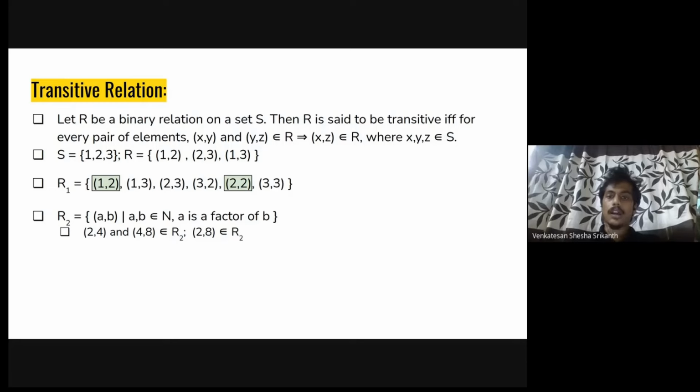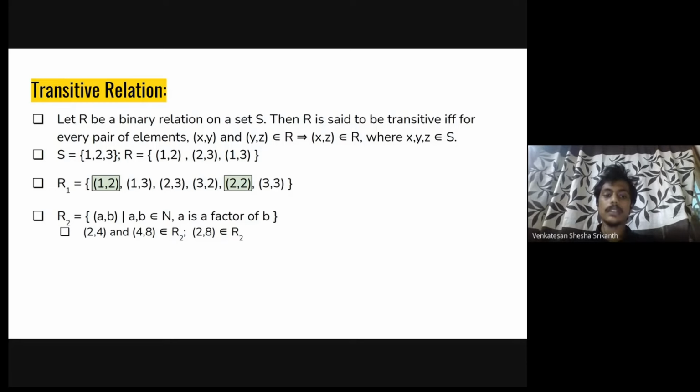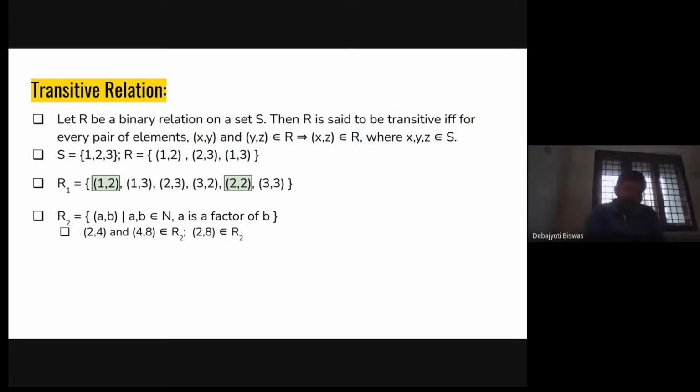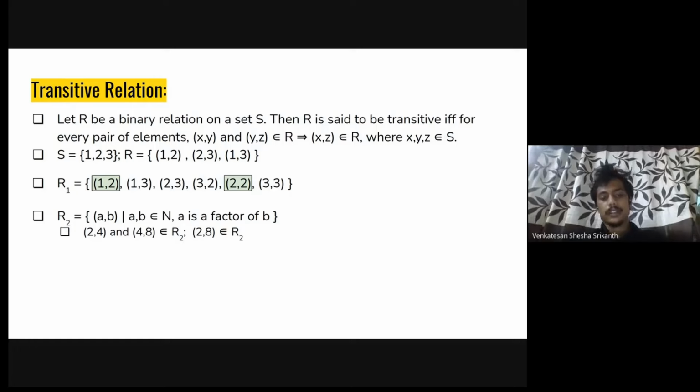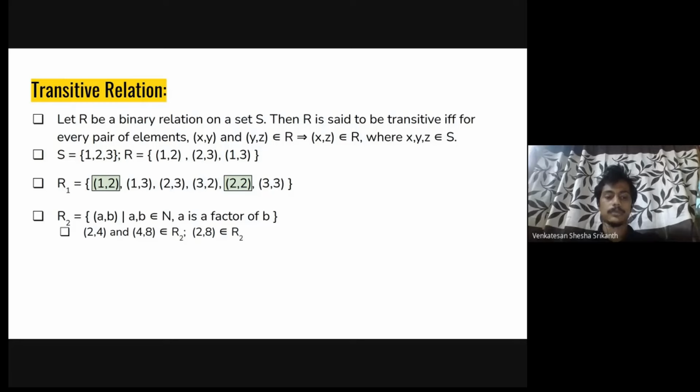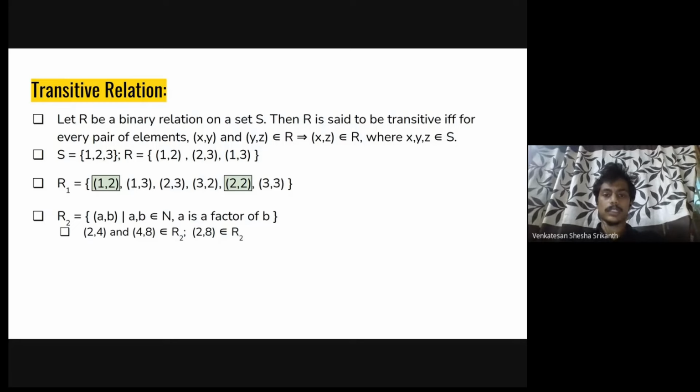And are there any other elements that start with 4? Yes, 4 comma 8, 4 comma 12. Every ordered pair 4 comma some number which is divisible by 4 will be in R2, because 4 is a factor of that number. So 4 comma 8 is also in my R2. Now what I have to check is, given a pair x comma y and y comma z in my R2, I have to look for the third element, x comma z.